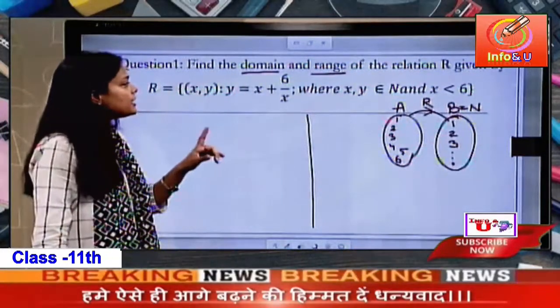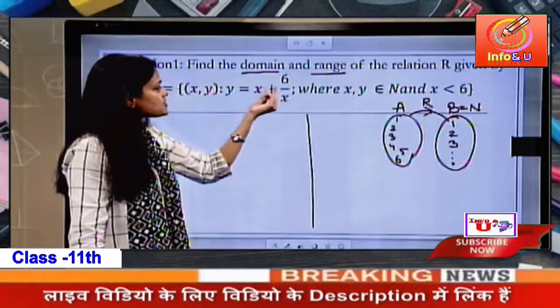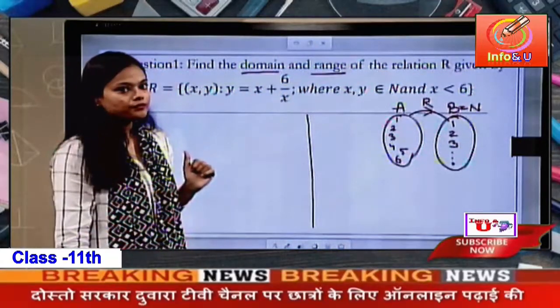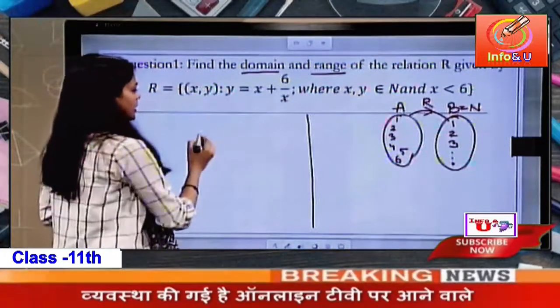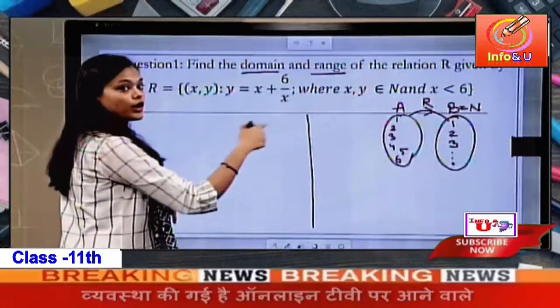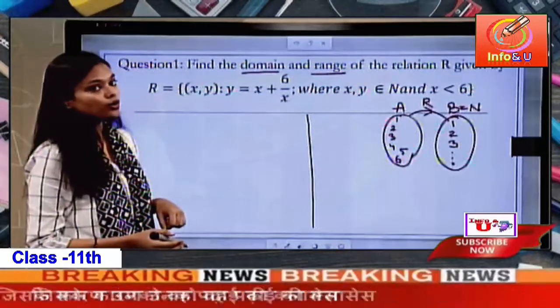Fine. Now, the relation is Y is equal to X plus 6 by X. Let us take the first element, 1. Will it be related, or will it have an image in the codomain?